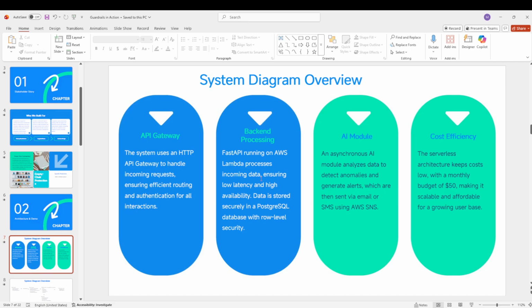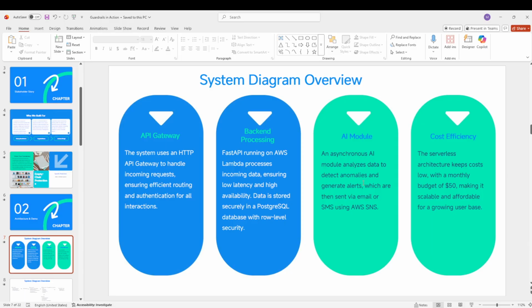And then our data is stored on a Postgres database that ensures row-level security. And then our AI module analyzes user data and detects anomalies. It also sends alerts via email or SMS to the patients or their healthcare providers.